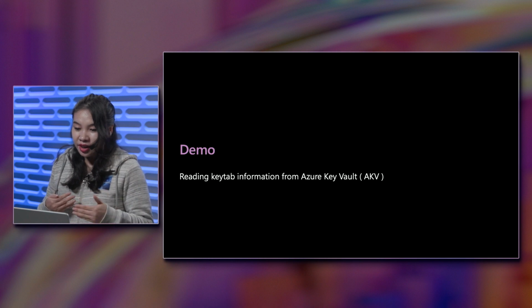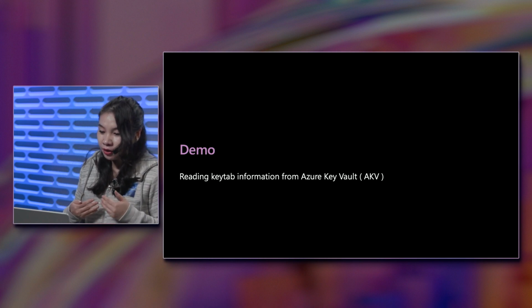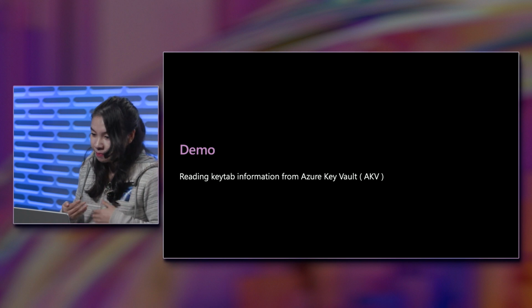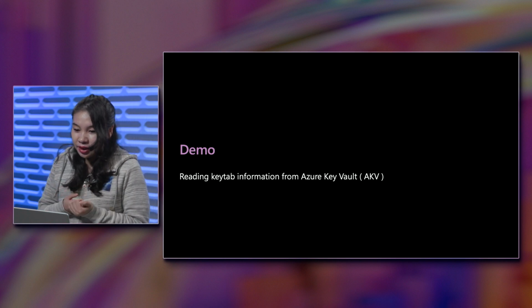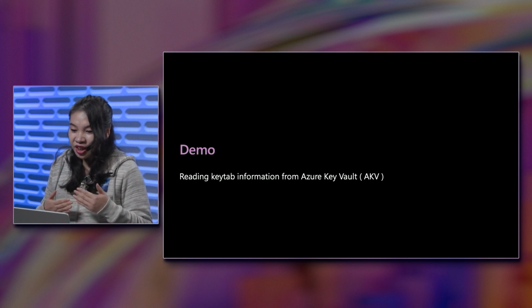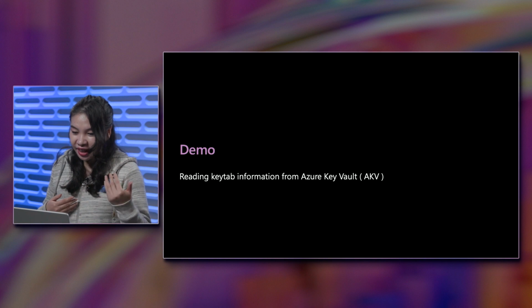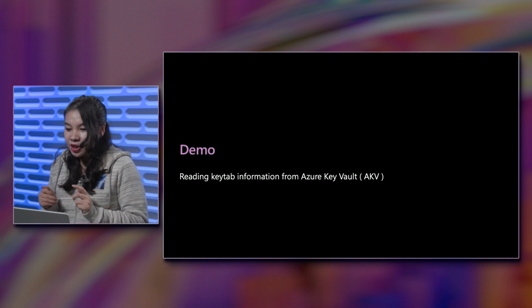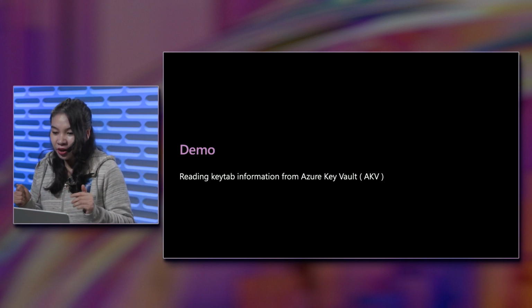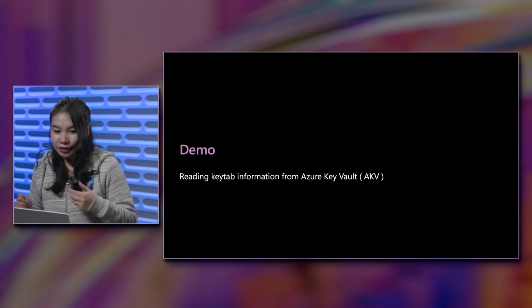First things first, Azure Key Vault is a cloud service for securely storing and accessing secrets. A secret is anything that you want to tightly control access to, such as API keys, passwords, certificates, or cryptography keys. In this demo, we'll be showing how to use the Azure Key Vault secret client library for .NET to read Keytab information from Azure Key Vault.